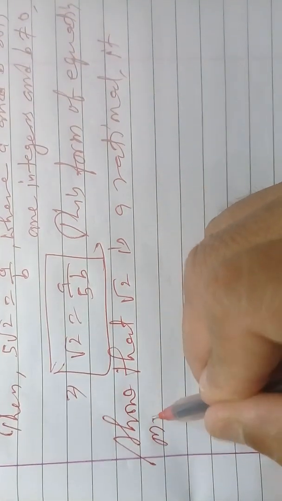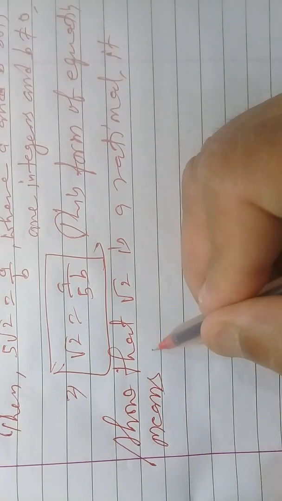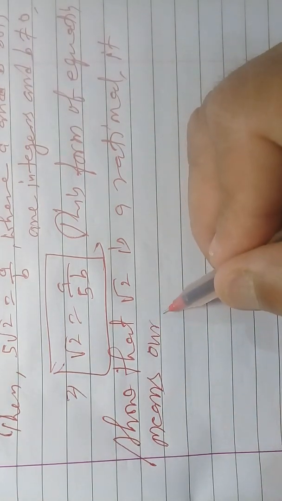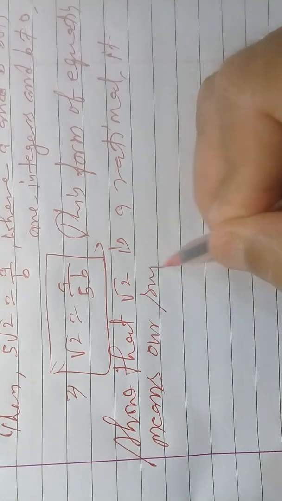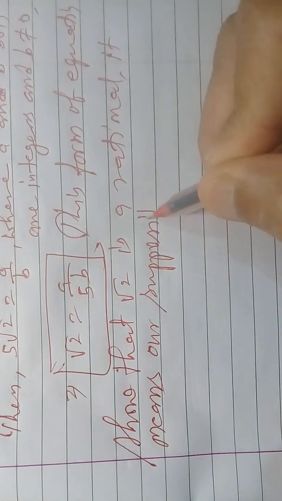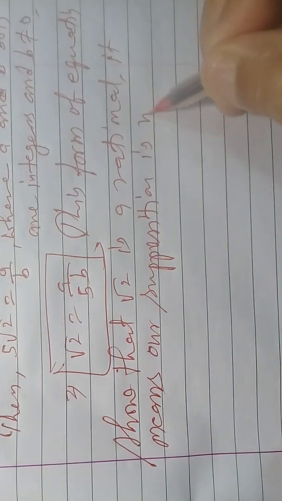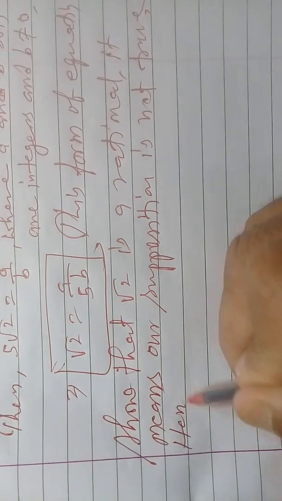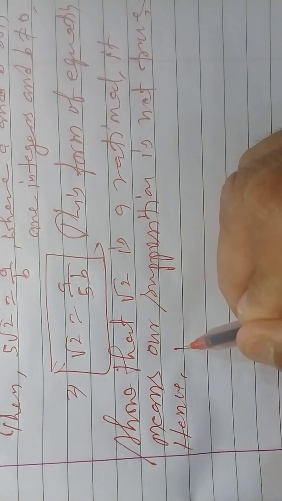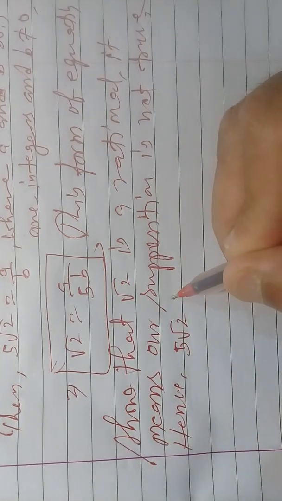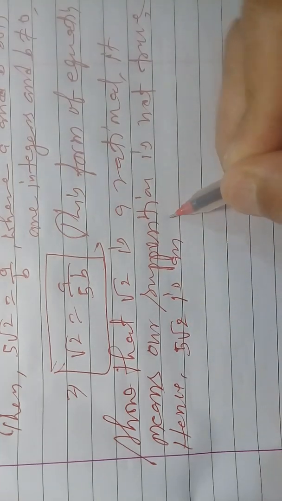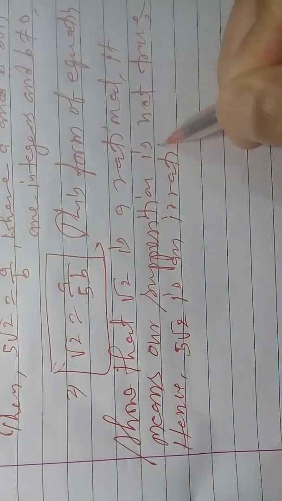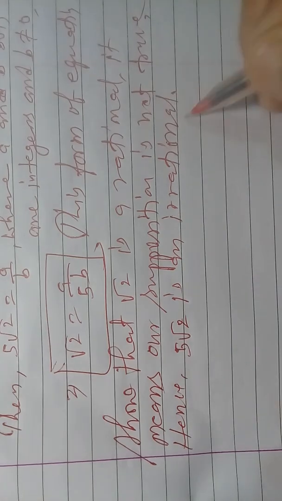It means our supposition is not true. Hence 5 root 2 is irrational. Proved.